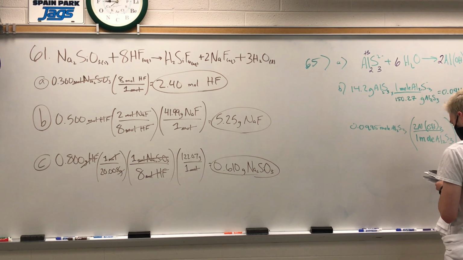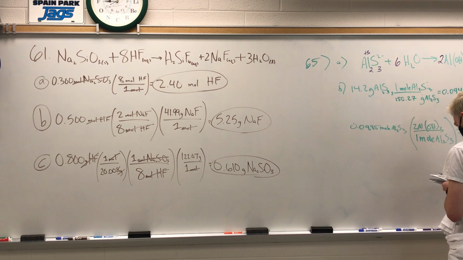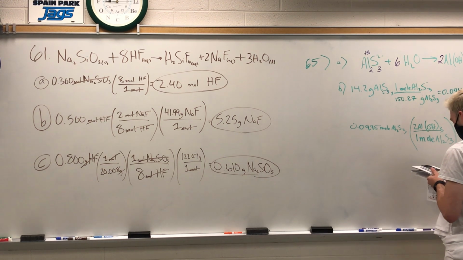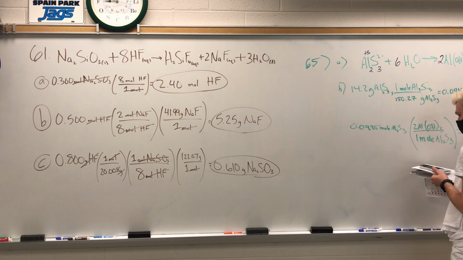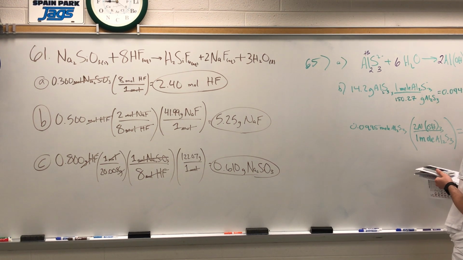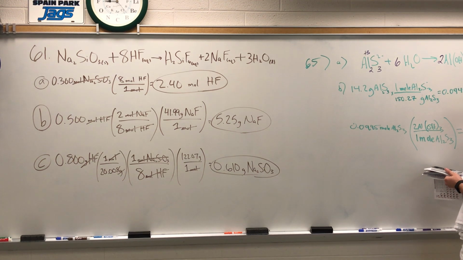You just need to know where you're starting and where you're going. So this is just moles to moles, so I only have to do the one step of the mole ratio from the balanced equation. The next one wants to go moles to grams, so you have 3 steps, or three different terms. And the 2/8 again is the mole ratio from the balanced equation.